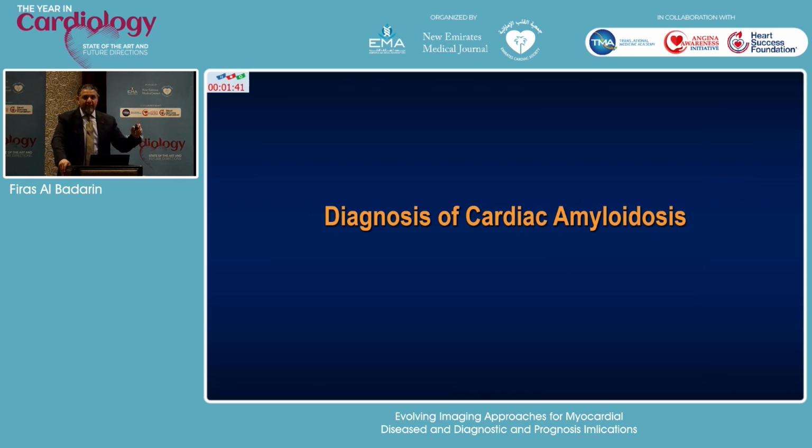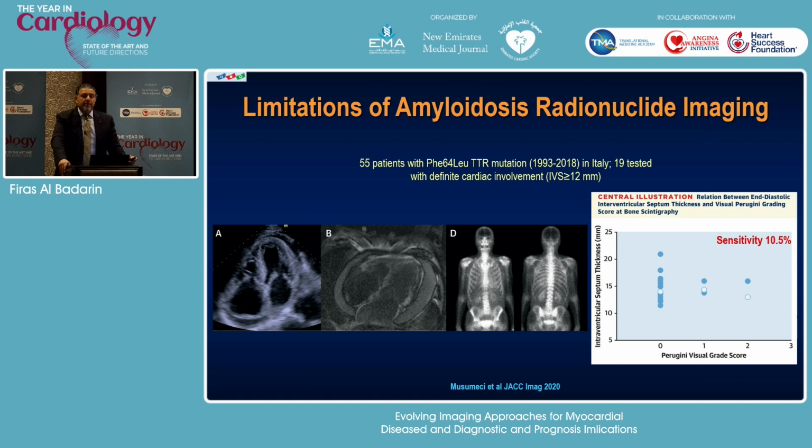Moving along, I will not finish this session without mentioning cardiac amyloidosis. The non-invasive diagnosis for cardiac amyloidosis relies on the use of SPECT, but this is not a perfect test. There are limitations, especially in certain genetic mutations, where the patient has ATTR cardiomyopathy, but their SPECT or the PYP scan is negative.